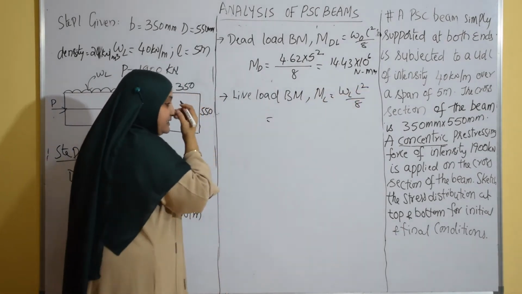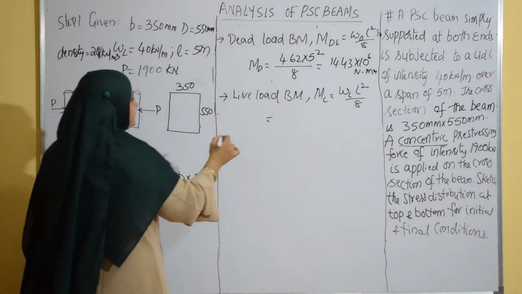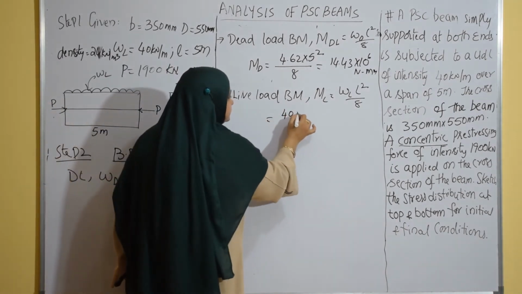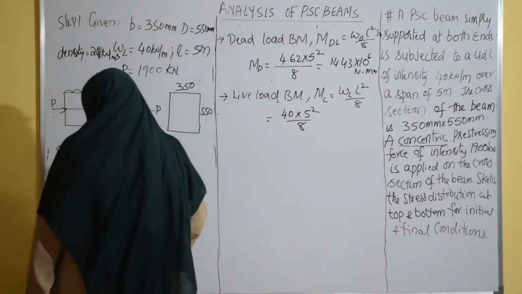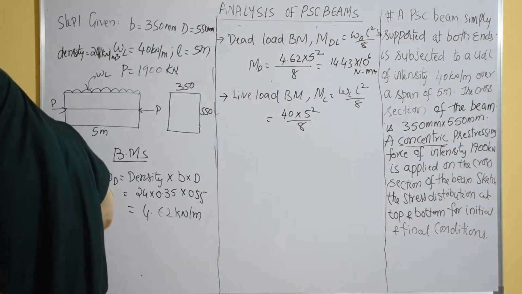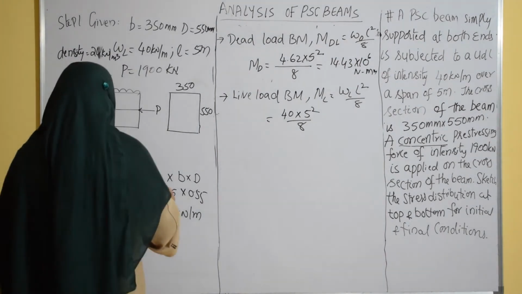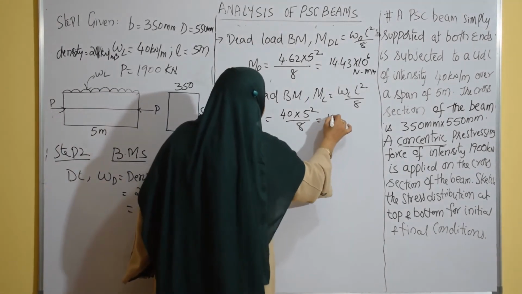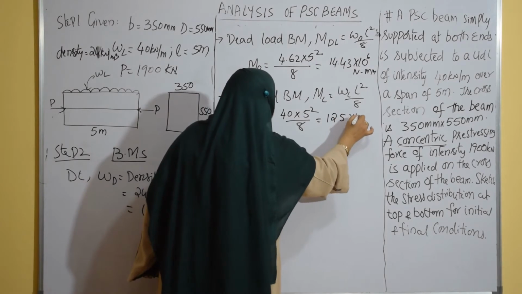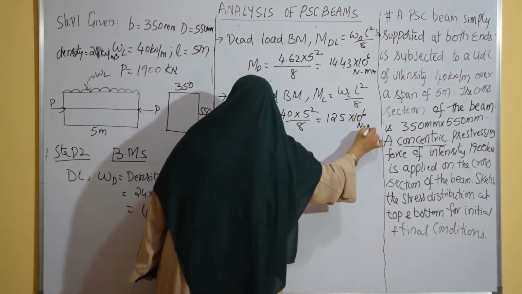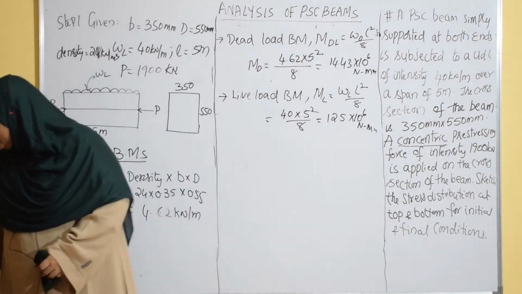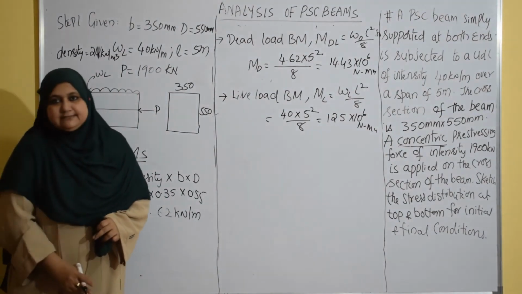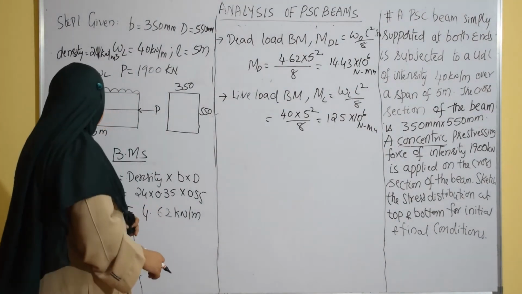Your WL is 40 kilonewton per meter into 5 square by 8. Okay, so that live load bending moment is 125 kilonewton meter, or 125 into 10 to the power of 6 Newton mm. Fine, so you got it.